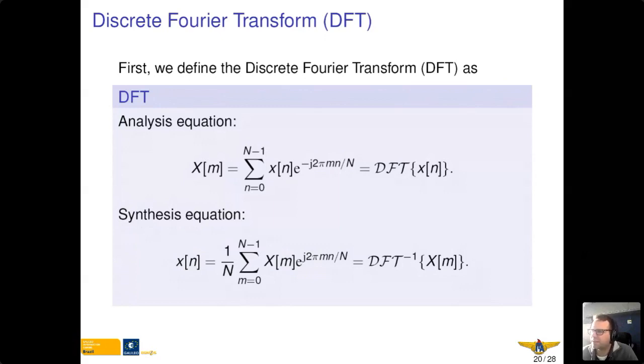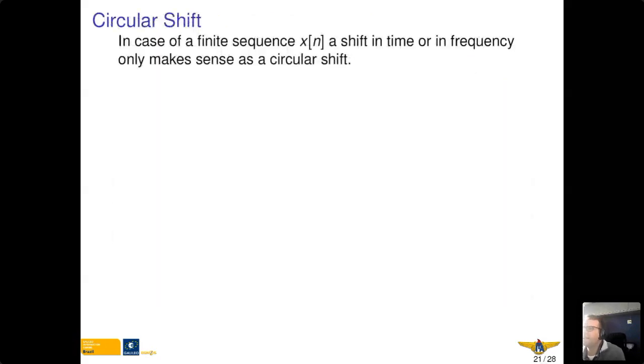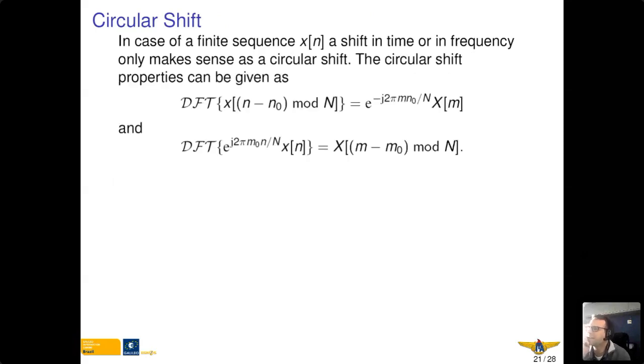The synthesis equation, so to achieve the inverse DFT, is just given here below, and we can use the operator DFT inverse for that. In case of a finite sequence x of n, a shift in time or in frequency only makes sense as a circular shift. So we can define now the circular shift properties. So the DFT of x of n minus n0 modulo N is equivalent to the exponential function e to the power of minus j2 pi m n0 divided by N times the DFT values of x.